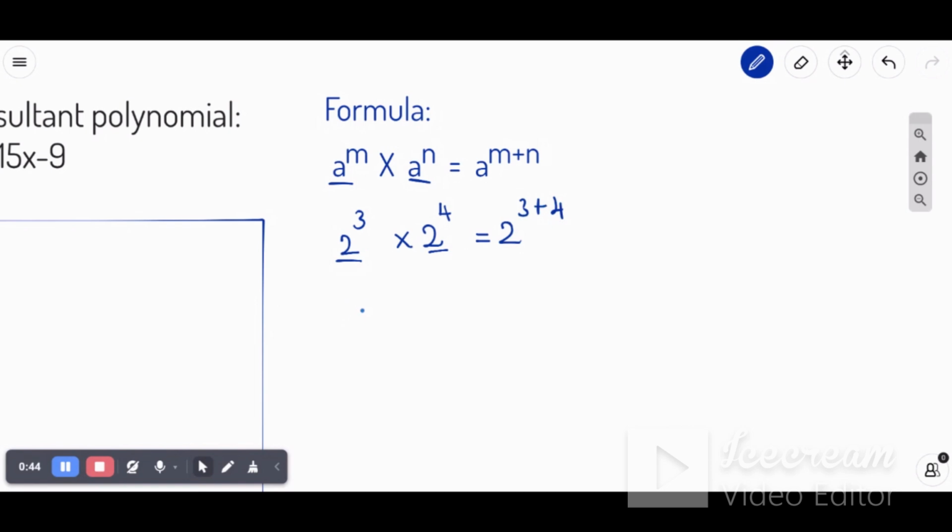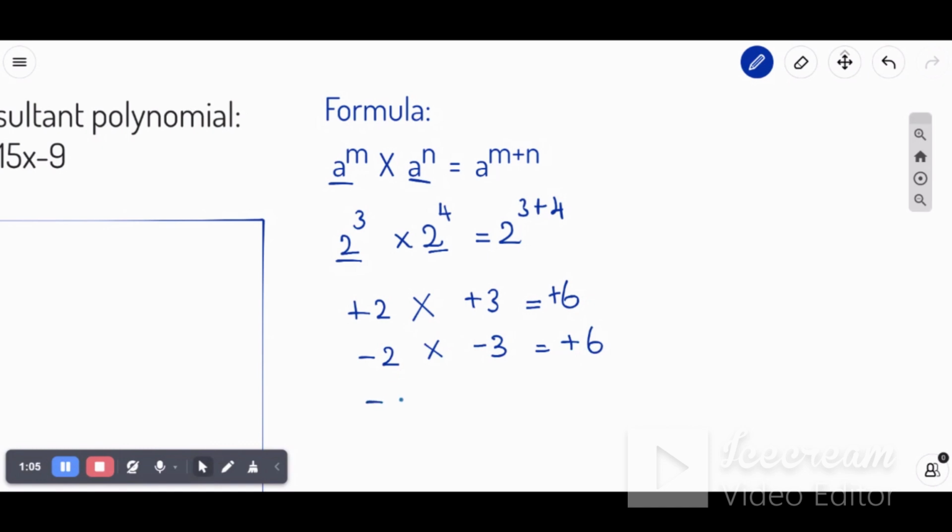And one more thing is signs. If you have two plus signs, which means both are positive numbers, just 2 into 3, then your answer will be 6. That is the positive sign only. But if you have two negative signs, minus 3 and minus 2, the answer will be a positive 6. Okay?